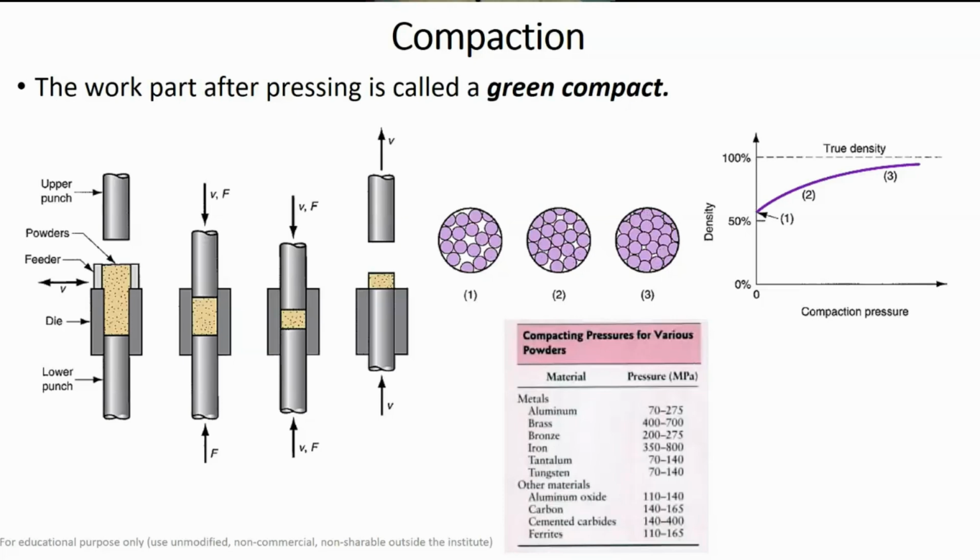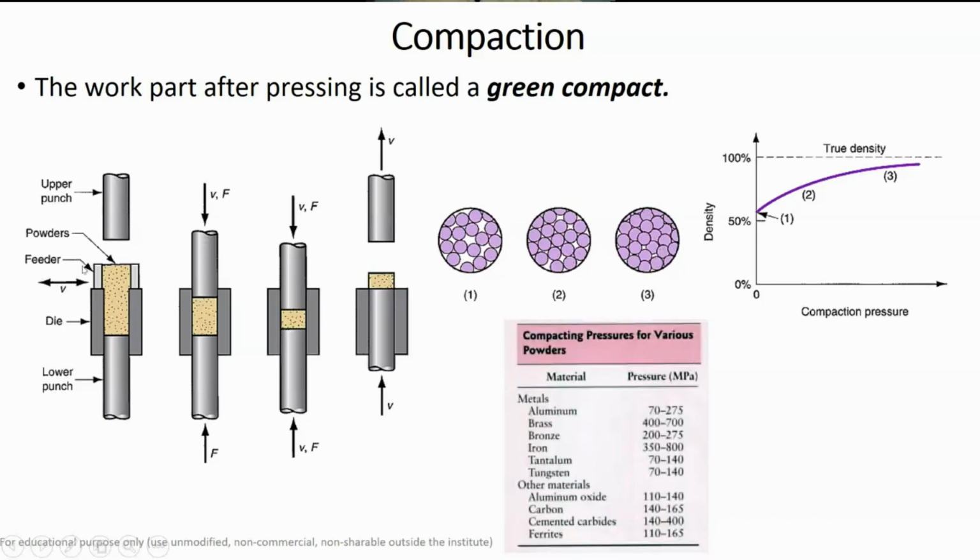As you can see from this figure, compaction occurs in different stages. In the first step, you have the die cavity, an upper punch and a lower punch.